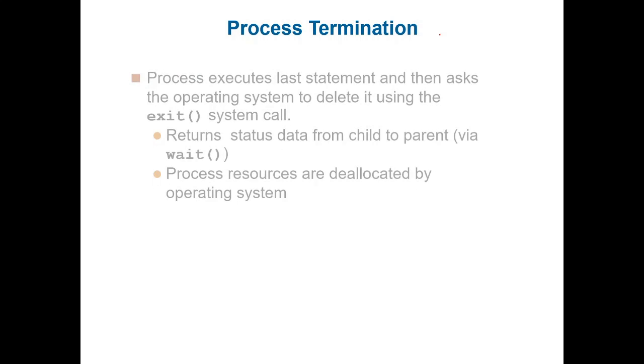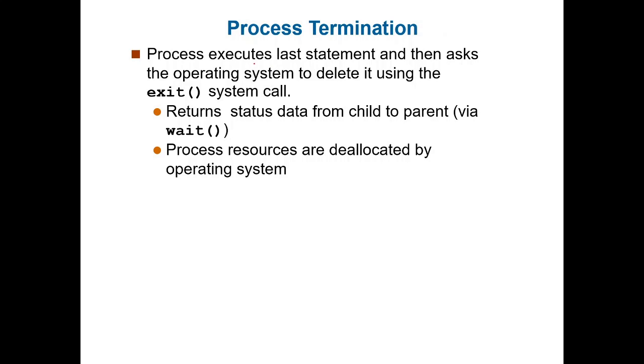Process termination. A process executes its last statement and then asks the operating system to delete it using the exit system call. So whenever a process finishes its execution, it asks the operating system to delete that particular process using the exit system call. Return status data from child to parent through the wait system call.